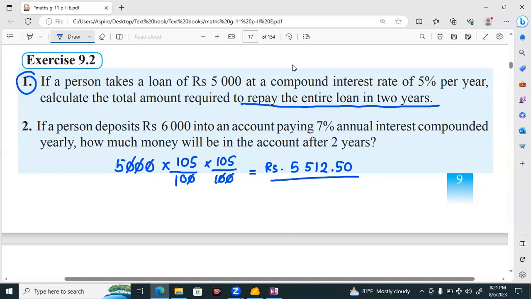Okay. Now this is the total amount that he has to pay at the end of the 2 years. This is the total amount. Okay? Now write down this problem with the answer.